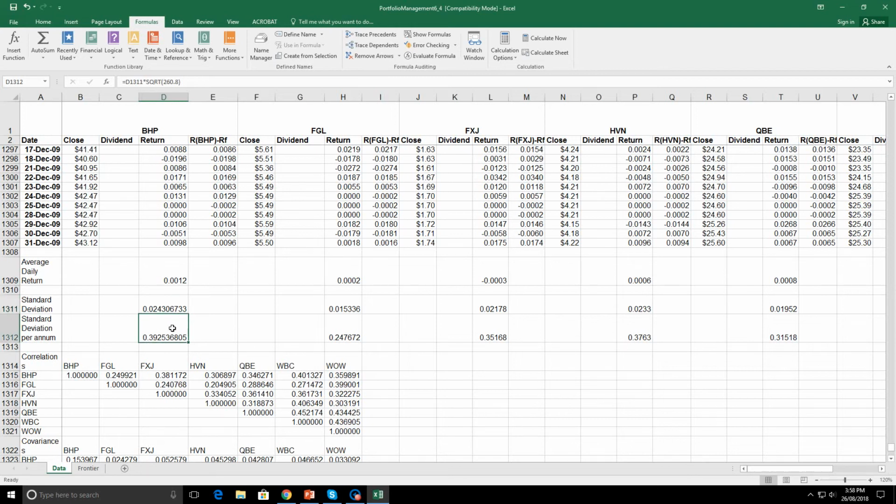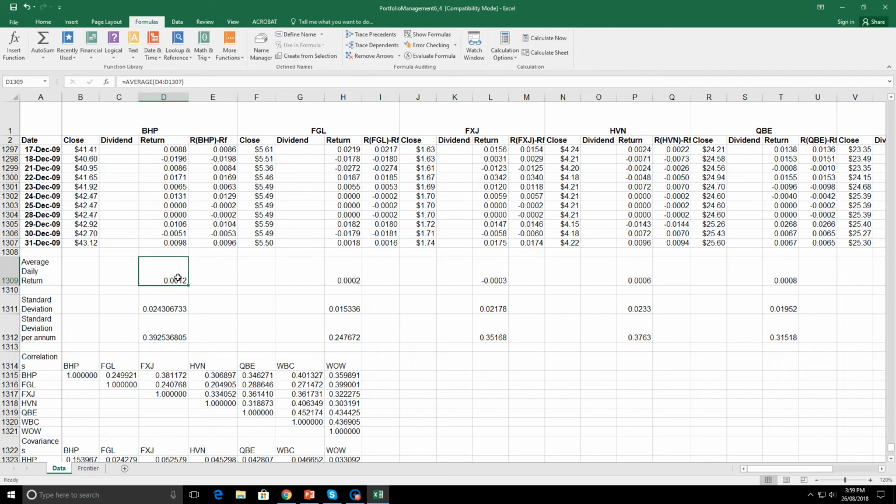But the next issue is we need to calculate annual standard deviation. The reason is we want to convert this daily phenomenon into an annual one for the ease of our calculation. If we want to convert our daily return into annualized return, we will simply multiply the average daily return by the number of days in a year.